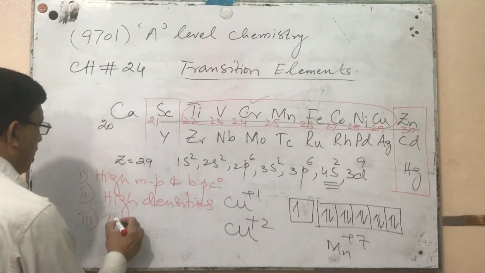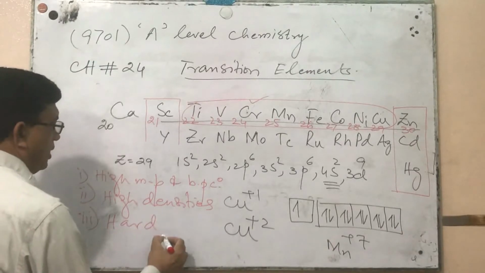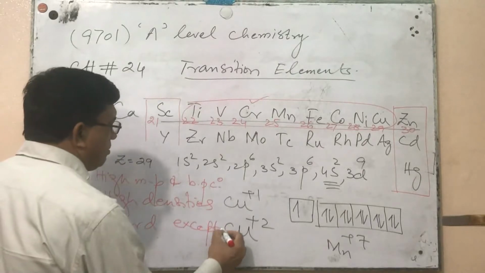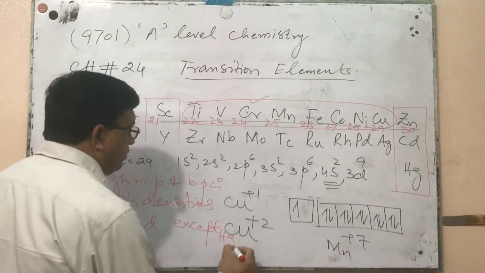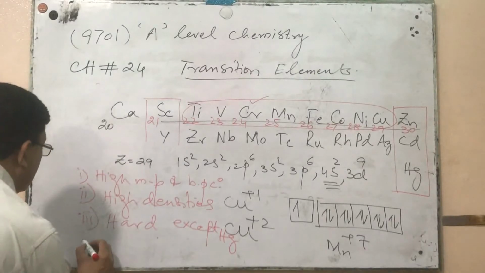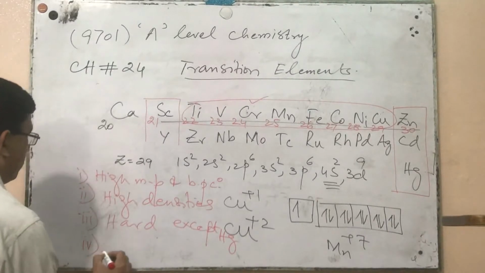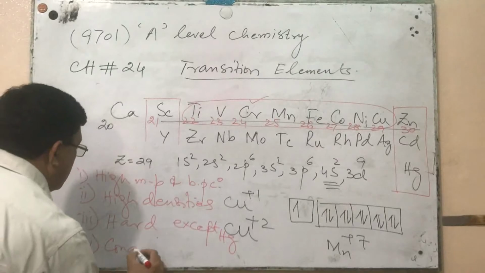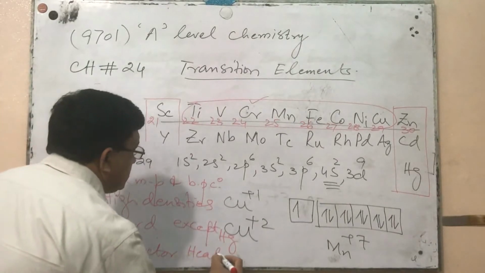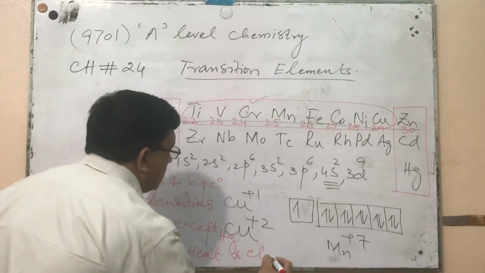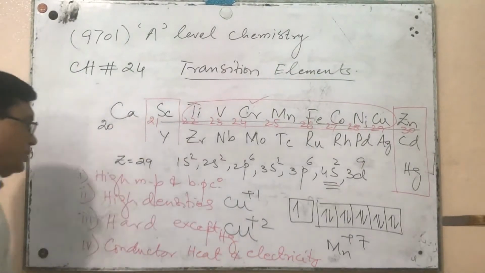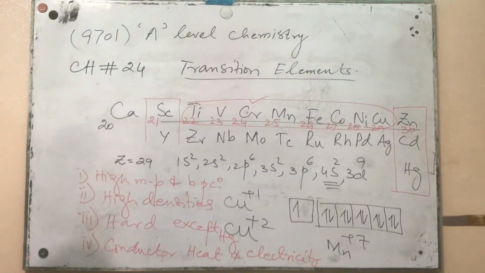These are normally hard, except mercury, Hg, which is in a liquid state. These are good conductors of heat and electricity.